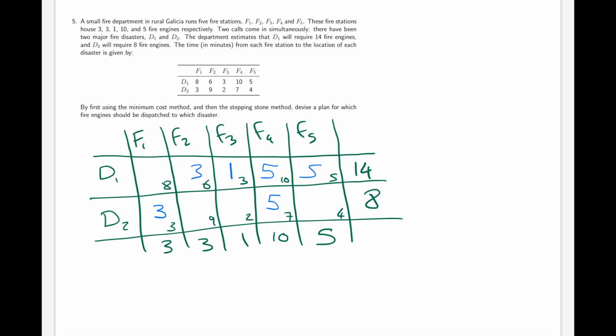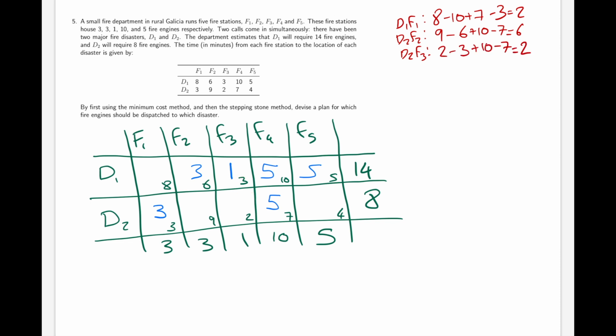So we'll check again, D1, F1. The loop now is this. D2, F2. The loop now is this. D2, F3. The loop now is this.